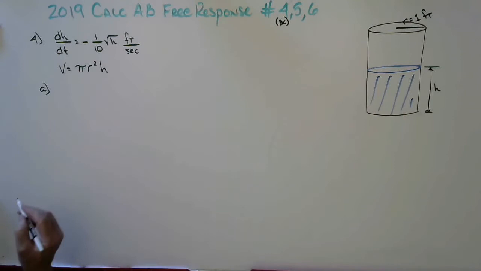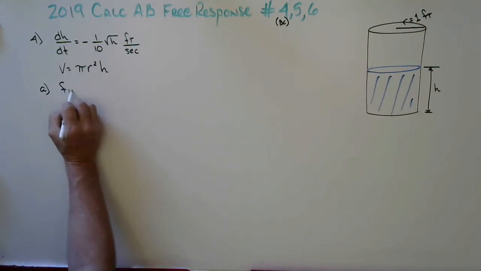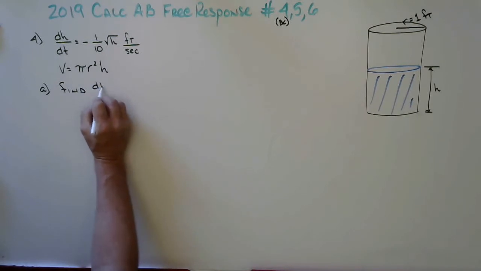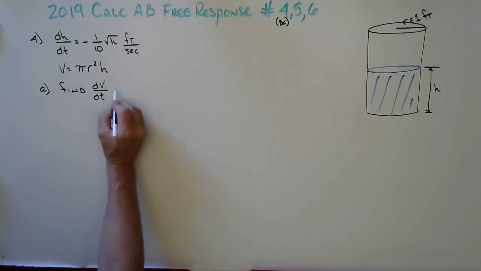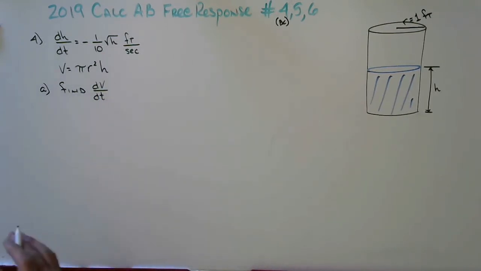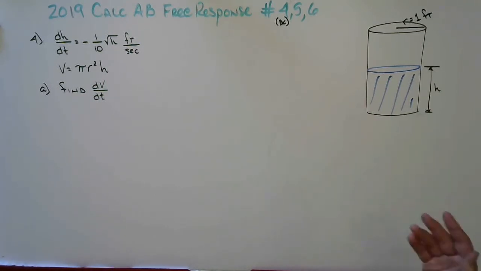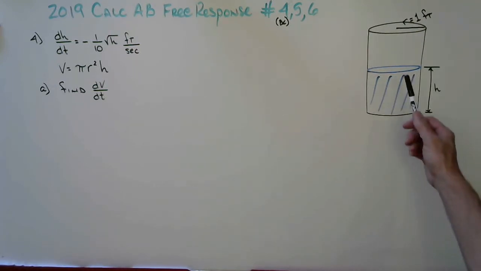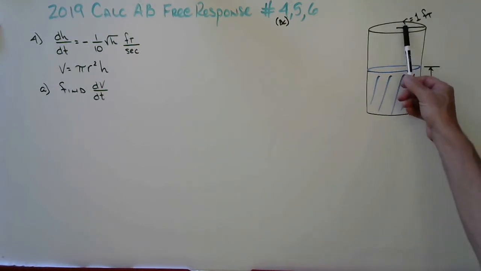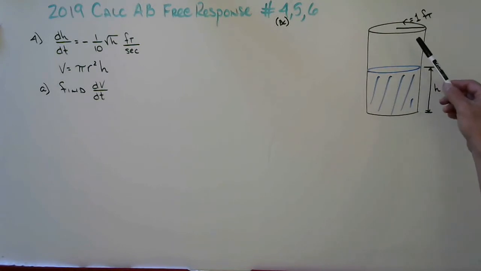Part A says, find the rate of change of the volume. So they want us to find dV/dt. Now this is a related rates problem, but before we panic over that, let's look at our picture and realize they've given us a gift. The radius of our container never changes. It's a cylinder. The radius is 1 foot from the top to the bottom.